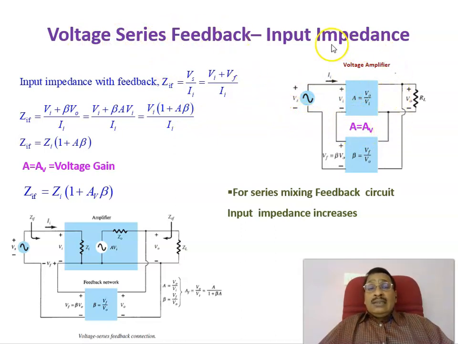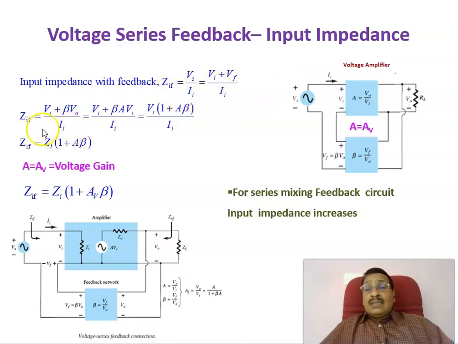Now let us derive the equation for the input impedance. Input impedance means, looking from the input side, what is the impedance offered? Vs is the input voltage and the current is Ii. Vs divided by Ii is the input impedance with feedback: ZIF equal to Vs divided by Ii. We can say Vi equal to Vs minus Vf, or Vs equal to Vi plus Vf. Vi plus Vf, that is Vs, divided by the input current Ii is ZIF.